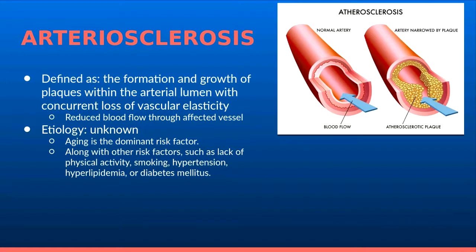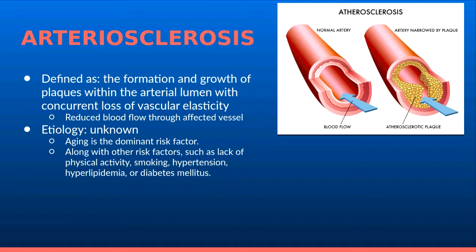The etiology of arteriosclerosis is still unknown, but there are multiple factors that contribute to arteriosclerotic plaque progression. These include genetic and acquired factors. Aging is the dominant risk factor for significant arteriosclerotic lesion formation, and as you get older, your risk increases.